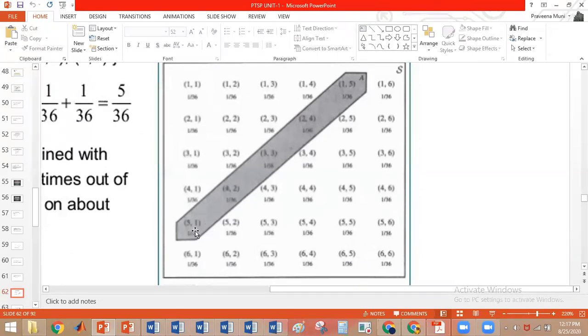The possibilities where the value is equal to 6 are 5,1; 4,2; 3,3; 2,4; and 1,5. These are the elements we have in A. How many elements do we have? 5 elements, divided by the total number of elements, which is 36. So 5 by 36 will be the probability.